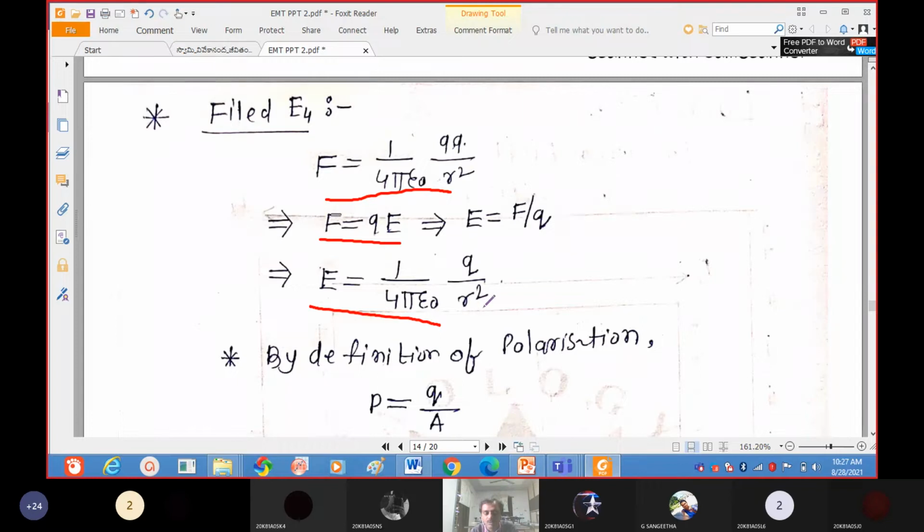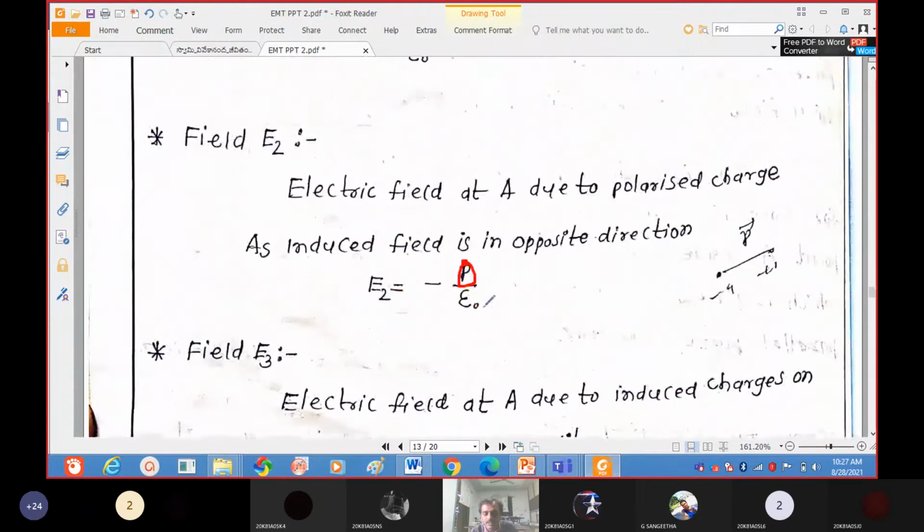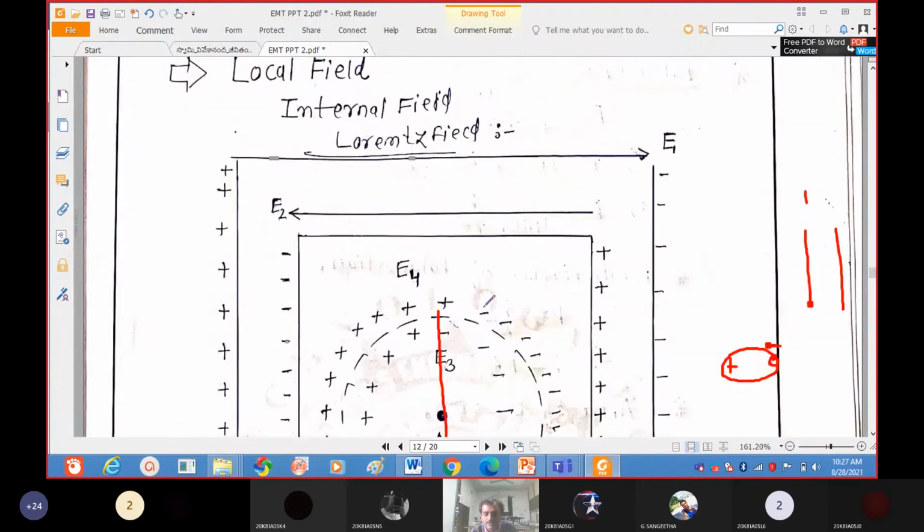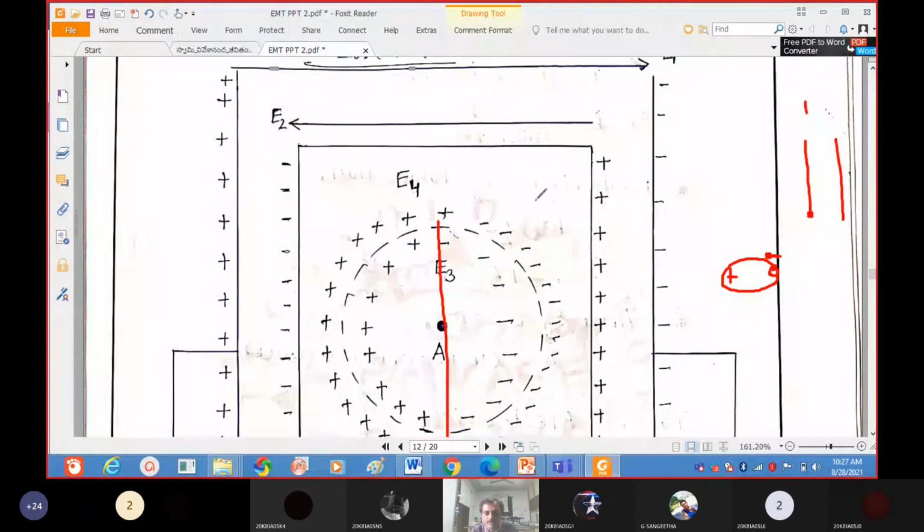What are we doing here? Due to this charge, at the point A there will also be some charge, so the force acting on this point is F equal to Q1 Q2 by R square, as we wrote. But E is equal to F by Q1.